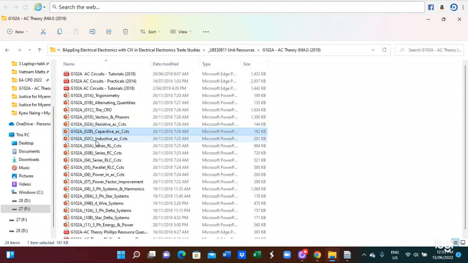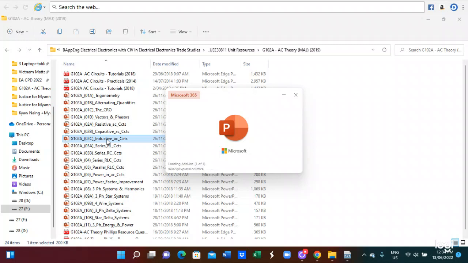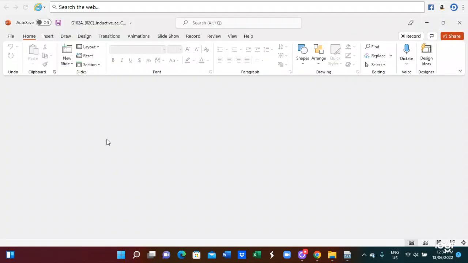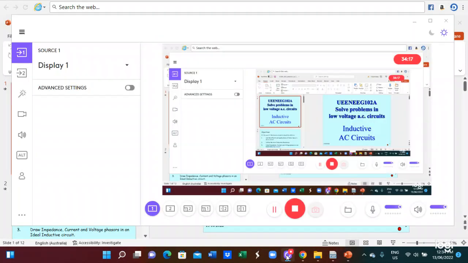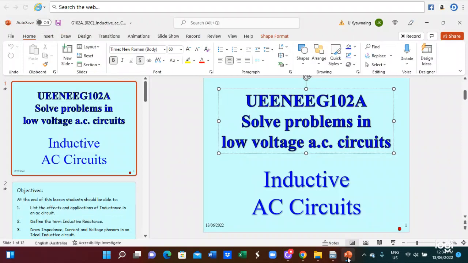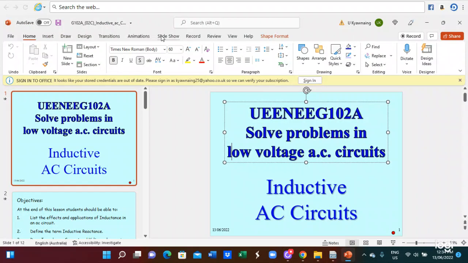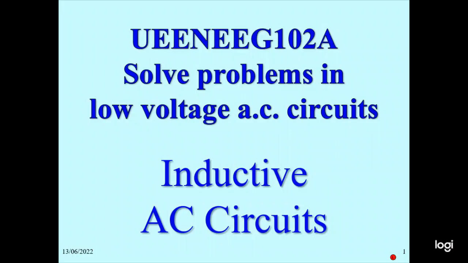Then we also talk about another circuit, the inductive AC circuit.